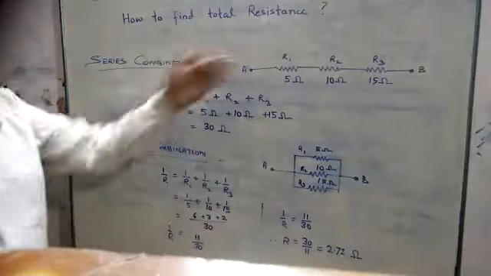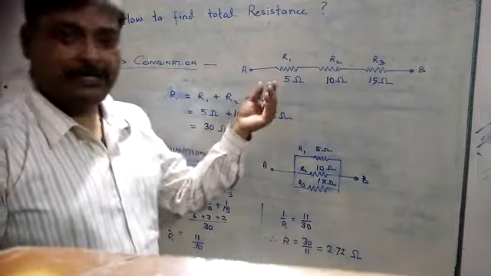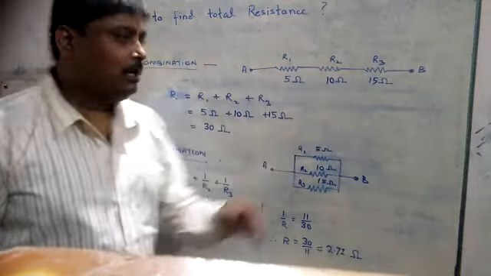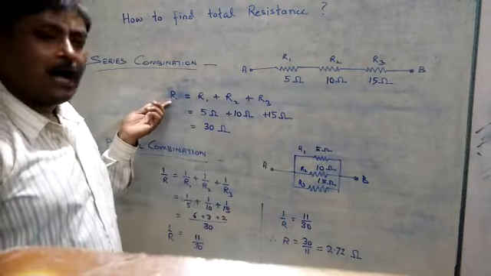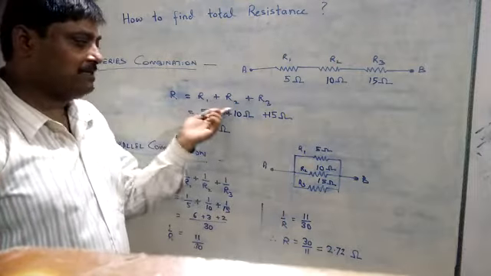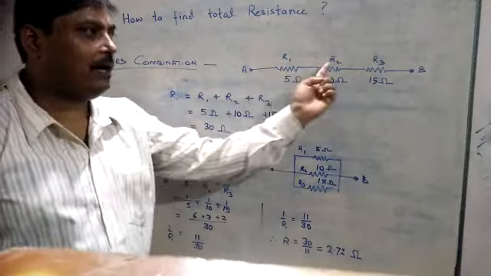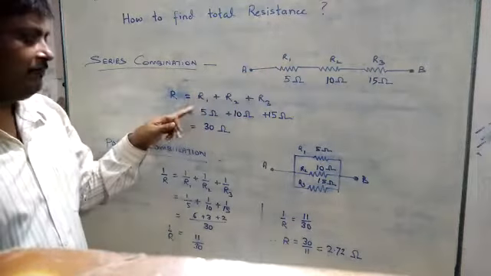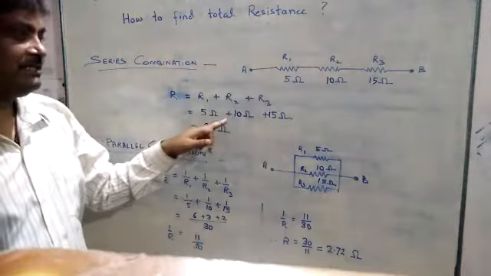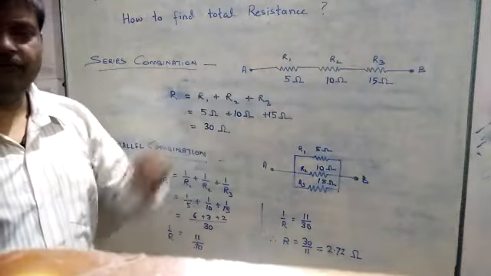In series combination with resistances of different values, R equals R1 plus R2 plus R3, and we are simply adding them. The value of R1 is 5, R2 is 10 and R3 is 15 ohm.